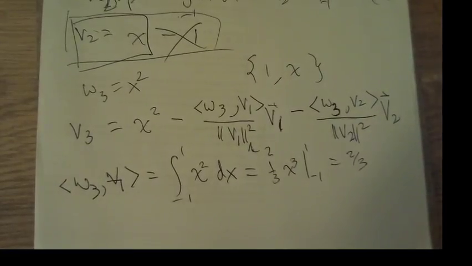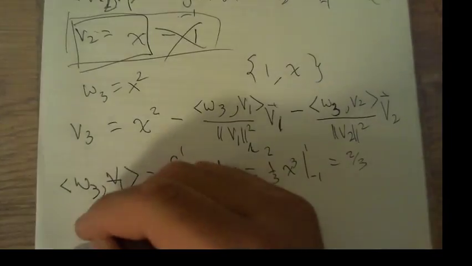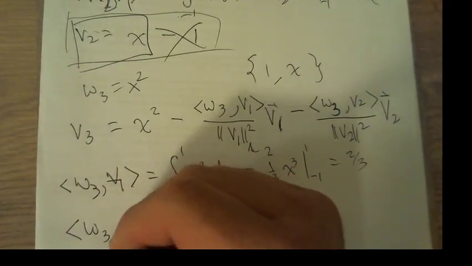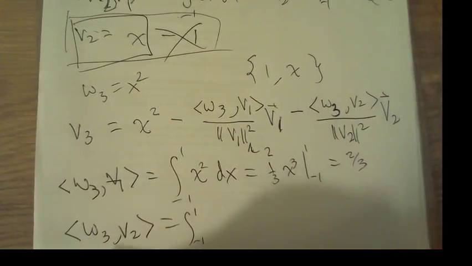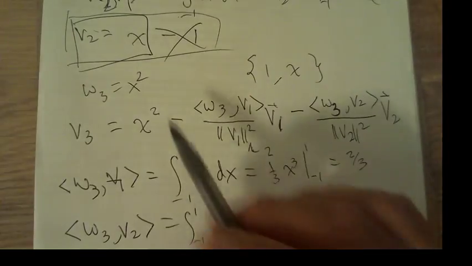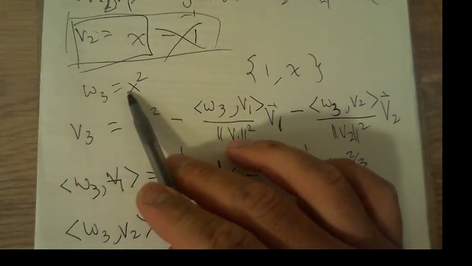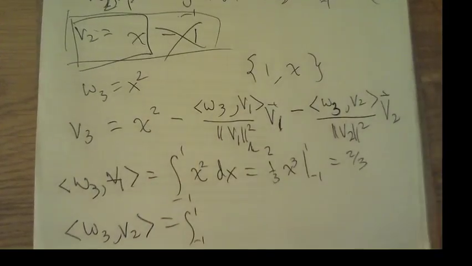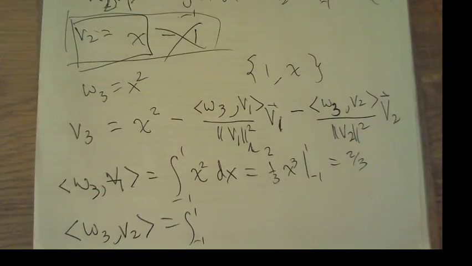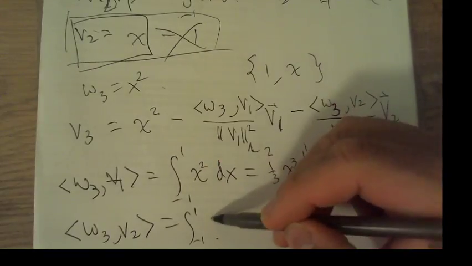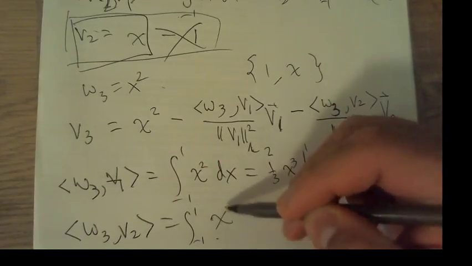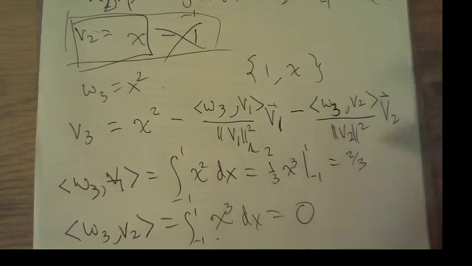All right, then here we have that for W3, V1, the inner product of those, and then W3, V2. And W3 we said was x squared. That is correct, Eugene. Okay, so from here, W3, we get x squared, and then V2 is x, so we get x cubed, and yep, so that would be 0.